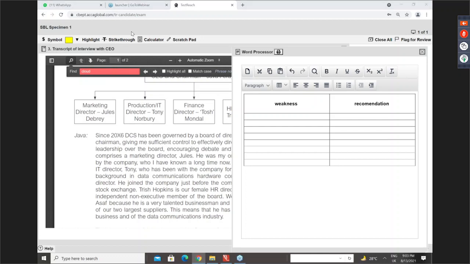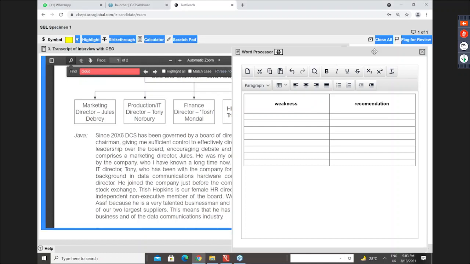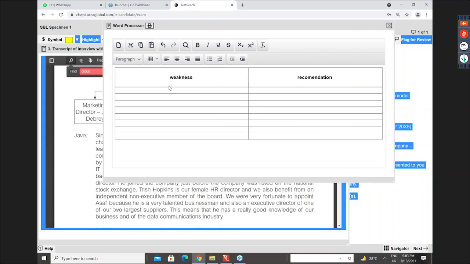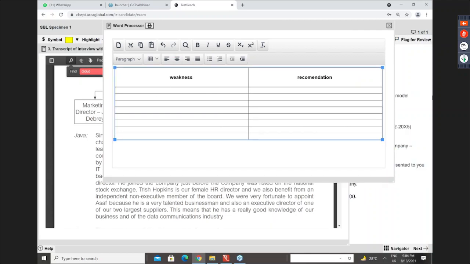Beautification is extremely important in SBL. For the first point, I will just draft one point for you so that you get an idea of how to do it. We'll say weakness number 1. What is weakness number 1?